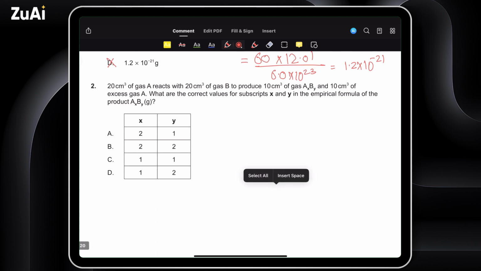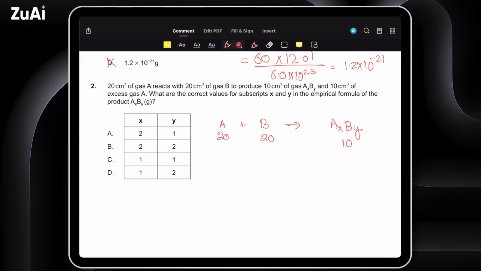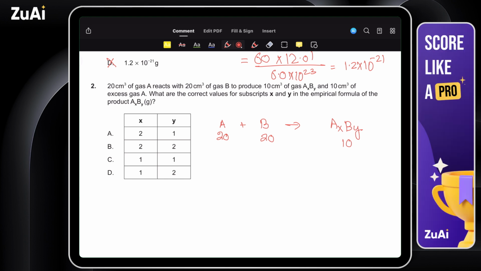Next, there is a gas A that reacts with a gas B to produce AxBy. Now 20 cubic centimeters of A react with 20 of B to form 10 of AB, but 10 cubic centimeters of A is in excess. That means only 10 of A is used with 20 of B. What is meant by 10 and 20?